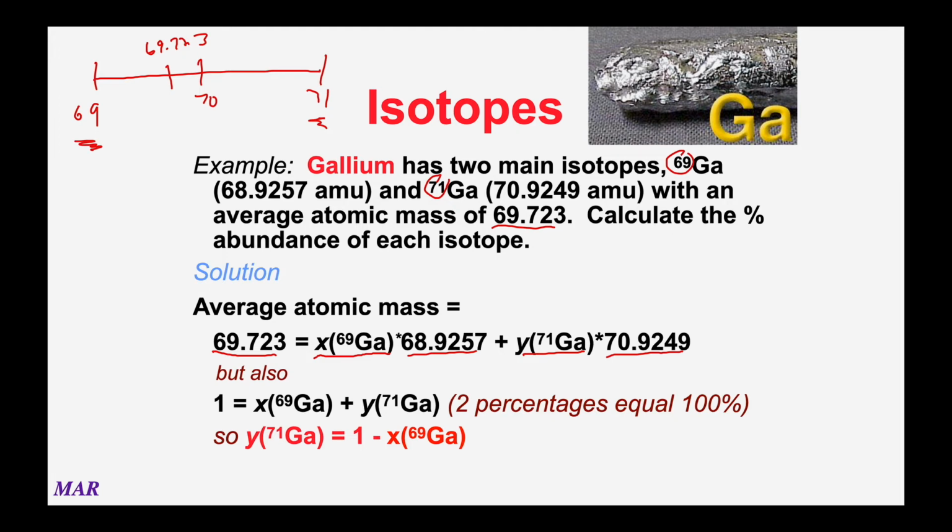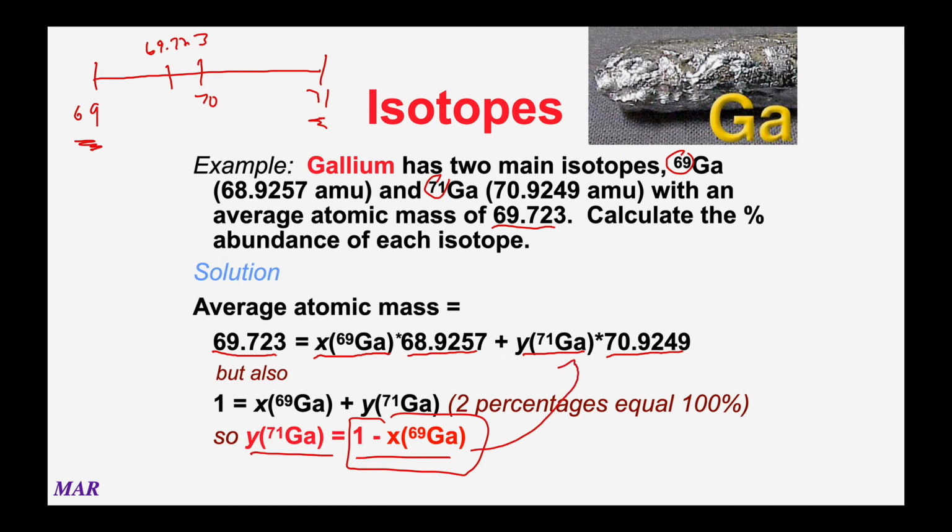So if you had 50% A and 50% B, that would be 100. Or if you had 90% A and 10% B, that would equal 100. And we only have, in these types of problems, two percentages. 1, which would be the decimal version of 100, equals x plus y. So y, we can substitute in then 1 minus x. And that's what we're going to do on this next slide.